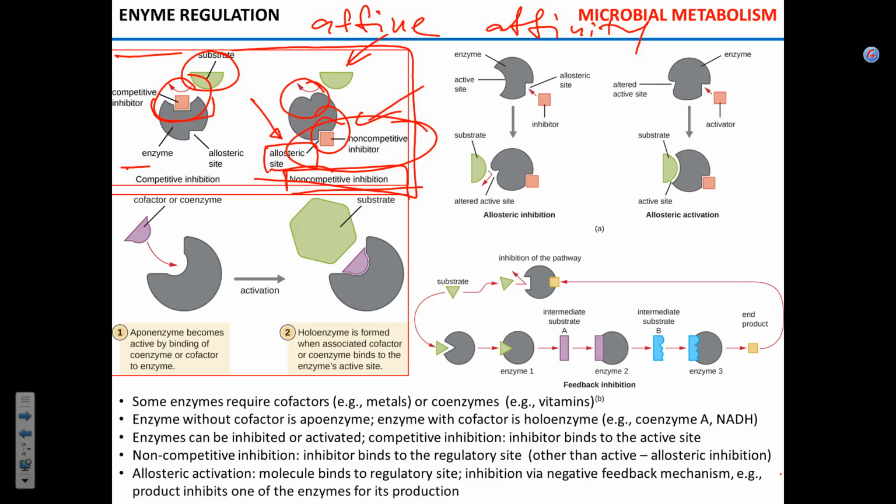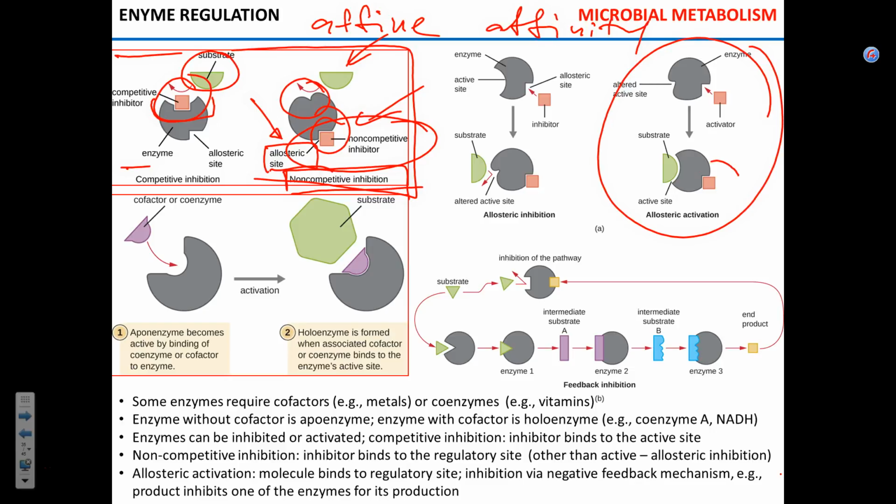Now, in the same way, by allosteric interaction, the enzyme can get activated. There's some small molecule that makes the enzyme, for instance, more efficient, or actually makes it work.